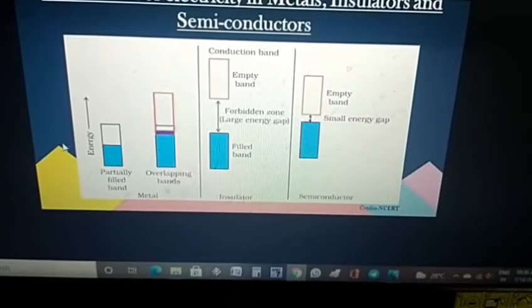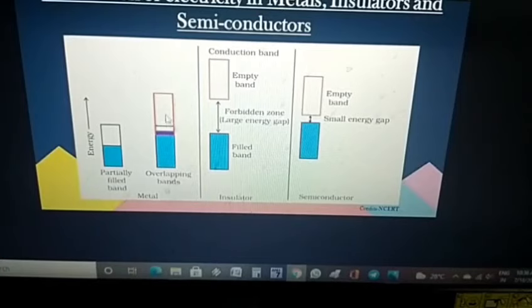In the metals, as both bands are overlapped with each other, more number of electrons will move from valency band to conduction band, so electricity will be conducted in higher amounts, so the electrical conductivity will be larger. In case of semiconductors, as there is a small energy gap between the valency band and conduction band, what will happen?